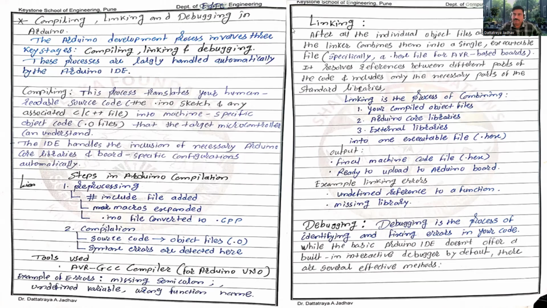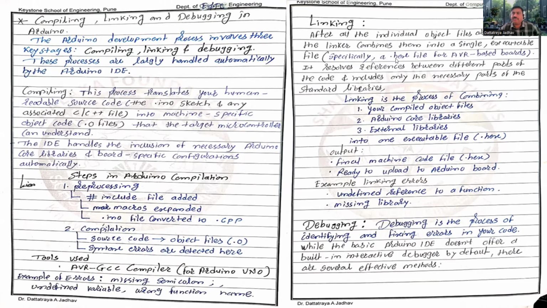So linking. After compiling, when we have converted the human-readable code into machine-specific object code, the .o file, we go with linking. After the individual object files are generated, the linker combines them into a single executable file, specifically the .hex.